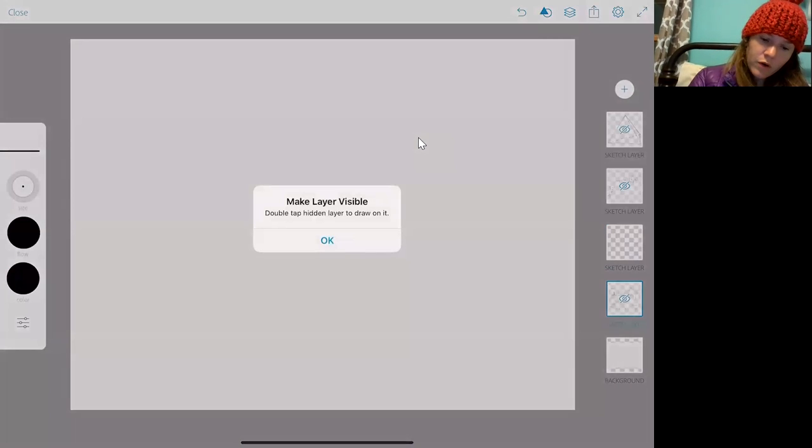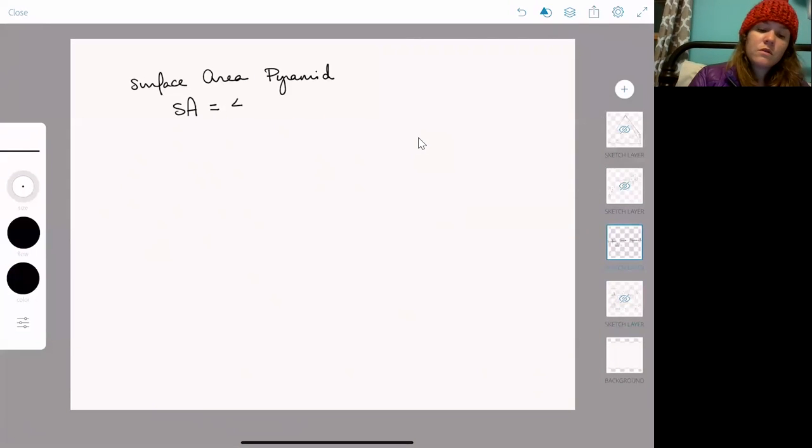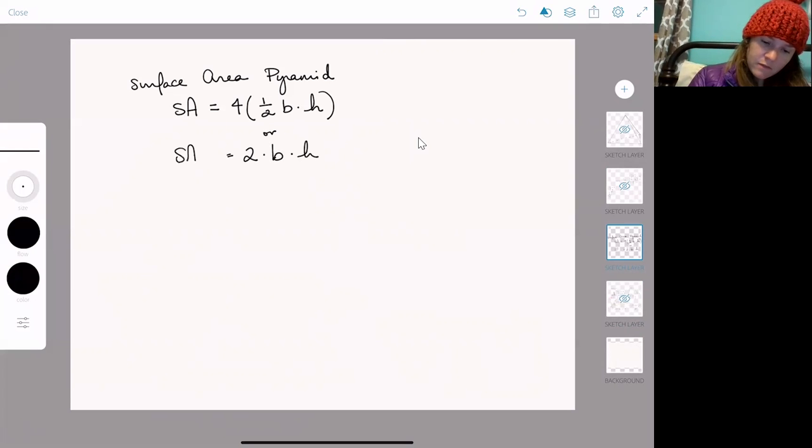So when we're looking for the surface area of our pyramid, it is going to be equal to 4 times 1/2 base times height, or we can say 2 times base times height for our surface area.